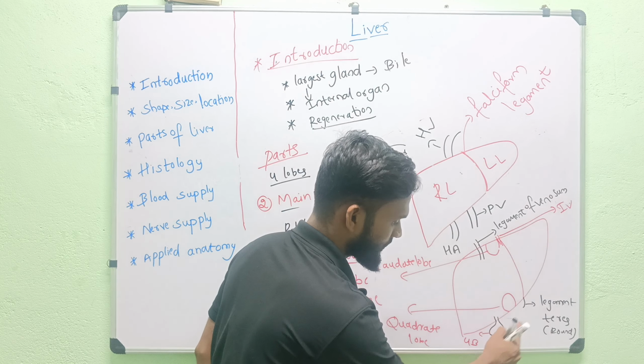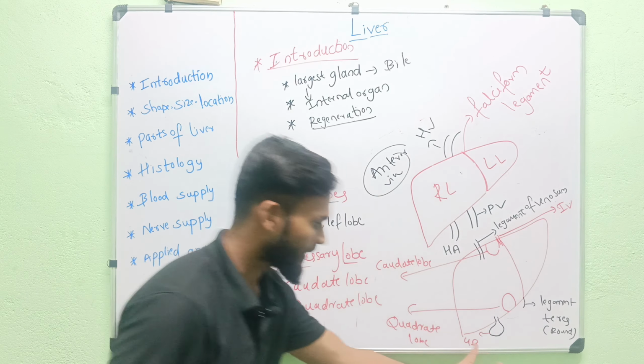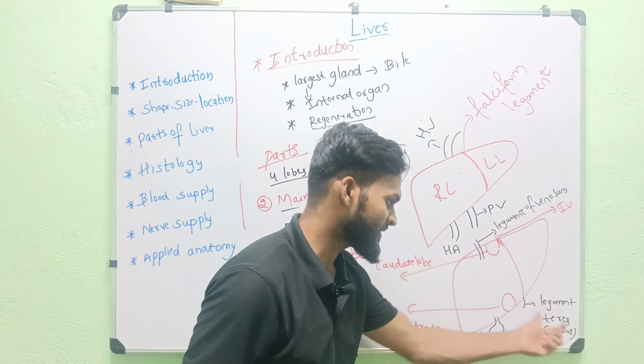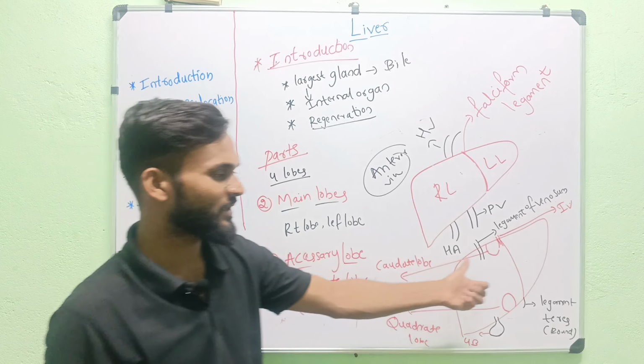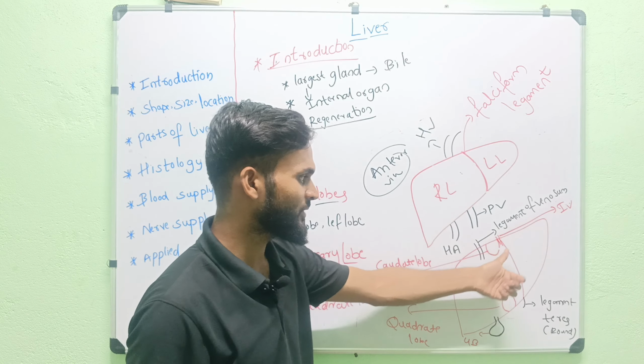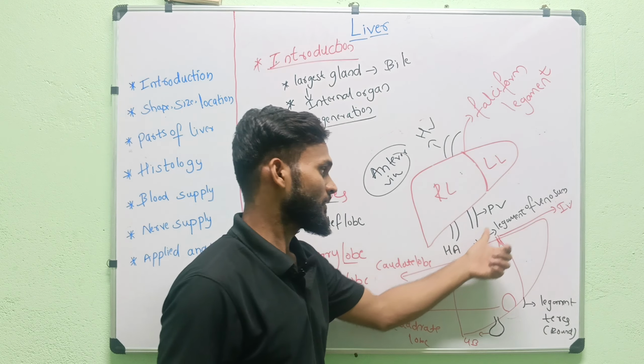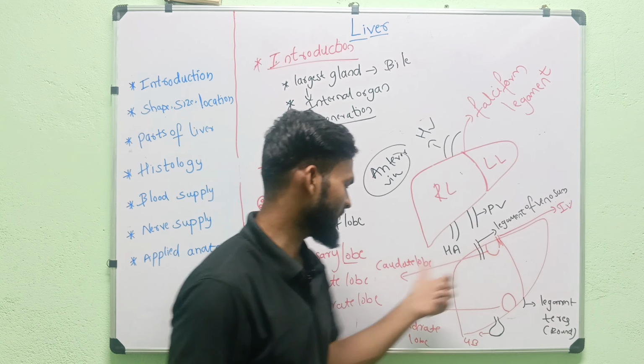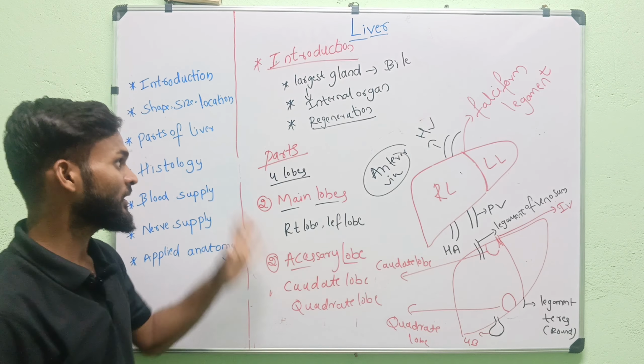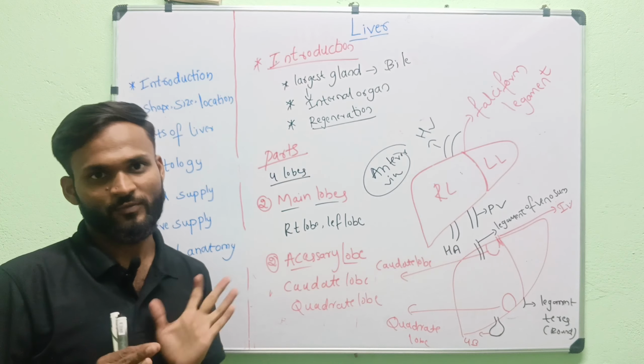The lobe between your gallbladder and the ligament of Teres is the quadrate lobe, and the lobe between the inferior vena cava and the ligamentum venosum is the caudate lobe. That is all about the parts of your liver.